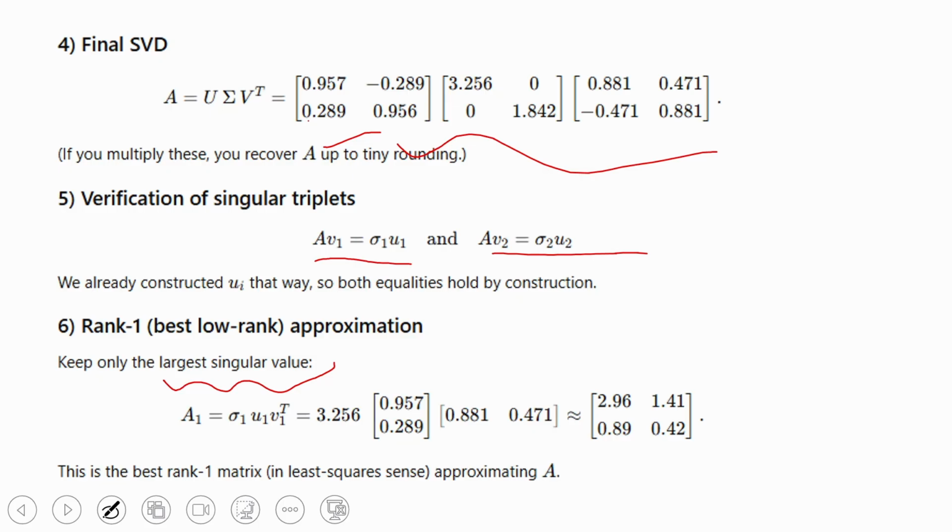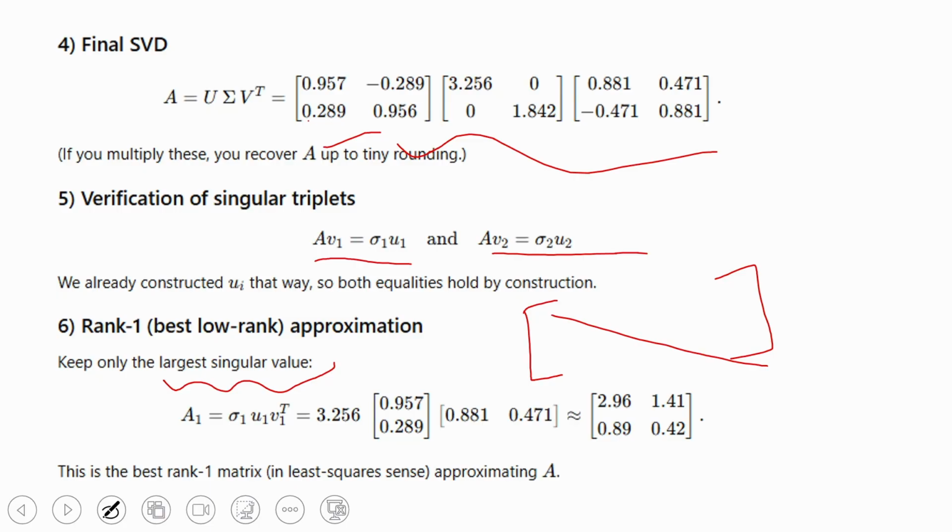We have already sorted the singular values and placed them in the diagonal, so we can choose the first two values if rank is 2.